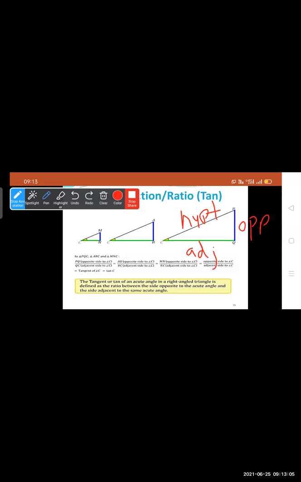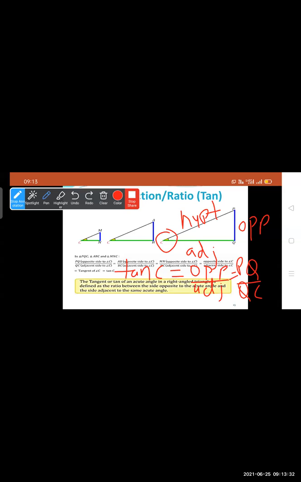By the definition of tan, we write tan C is equal to opposite upon adjacent. Here the opposite side is PQ and the adjacent side is QC. In this way we find the three trigonometric ratios: sine, cos and tan.